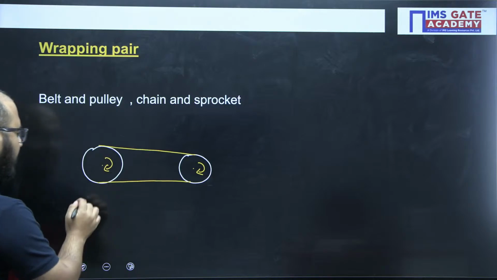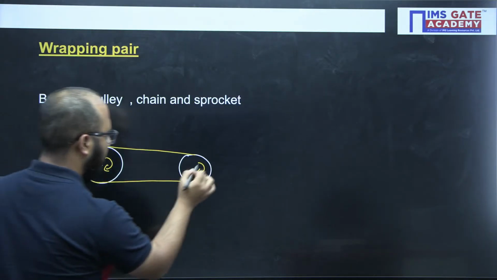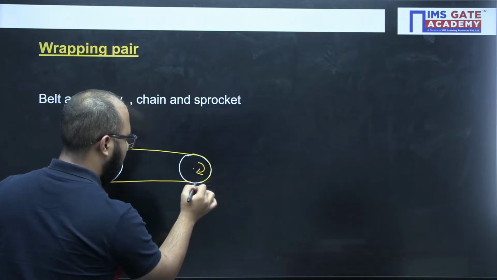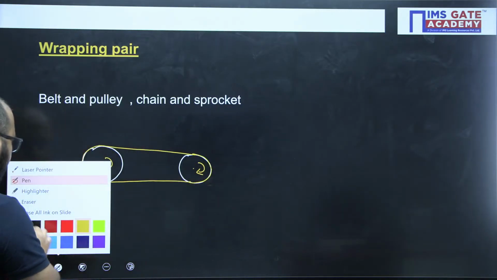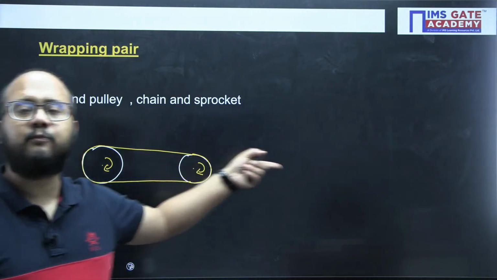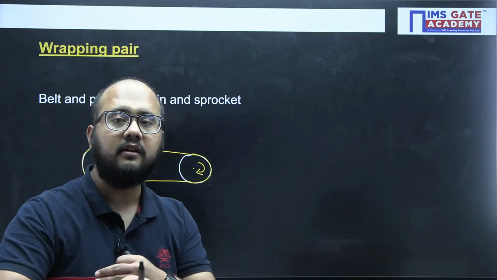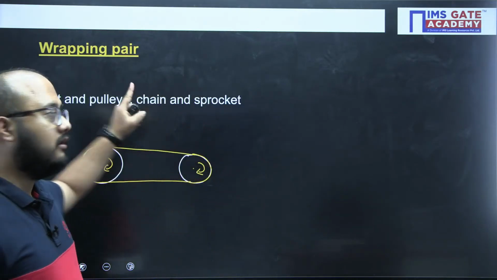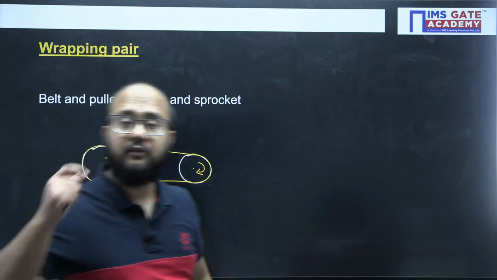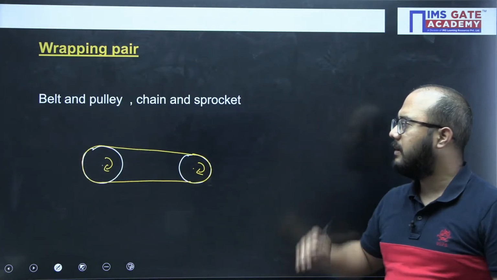So this is a belt pulley arrangement. Similarly, we have a chain sprocket arrangement. When one link is wrapped over another link, it is called a wrapping pair. So, example, belt and pulley.